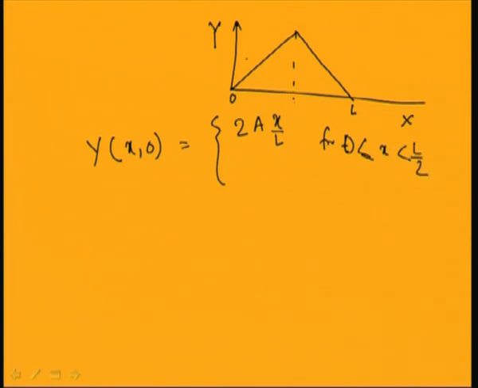So, this is L by 2. So, for L by 2 this equation is 2a x by L, and for this other half the equation is 2a (1 minus x by L). So, this is for L by 2 less than or equal to x less than or equal to L.